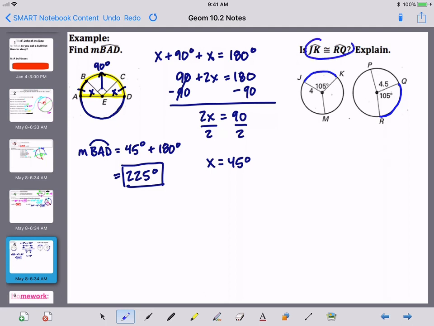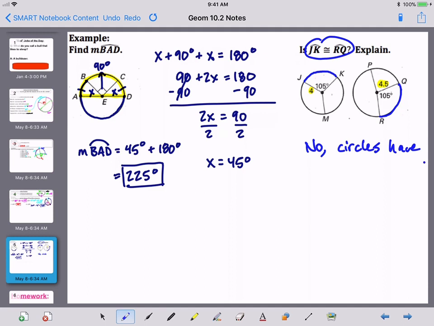But it's asking if these arcs are congruent, and the only issue with that is that this first circle has a radius of 4. This one on the right has a radius of 4.5. So they're actually not congruent because the circles have different radii.